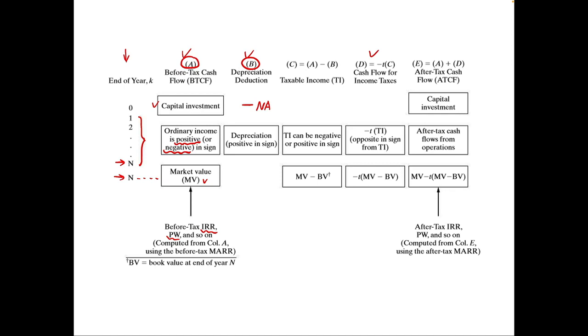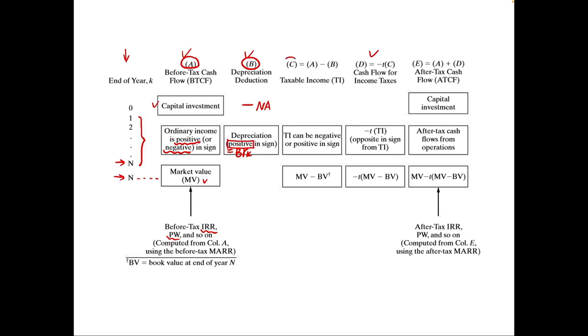So this is going to be B times R_k if you're using the GDS method. Or in the problem, maybe you will be given the depreciation deduction for each year. You just need to fill the table up. But you need to understand that those numbers listed here will be positive numbers.